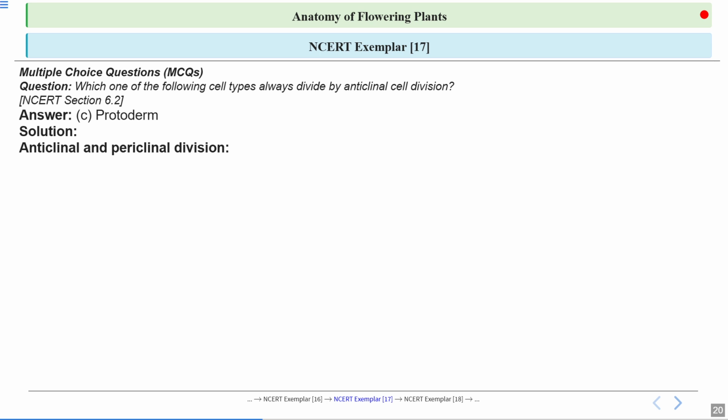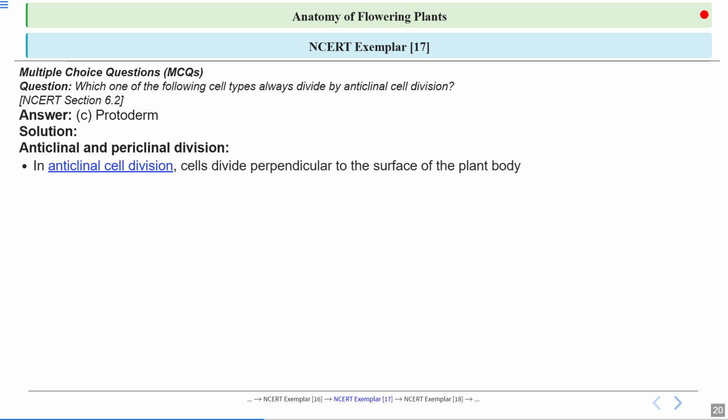Anticlinal and periclinal division. Let us first understand these types of division. In anticlinal division, the cells divide perpendicular to the surface of the plant body. If horizontal is the surface of the plant body, then vertical is the division, right? The cells divide vertically.